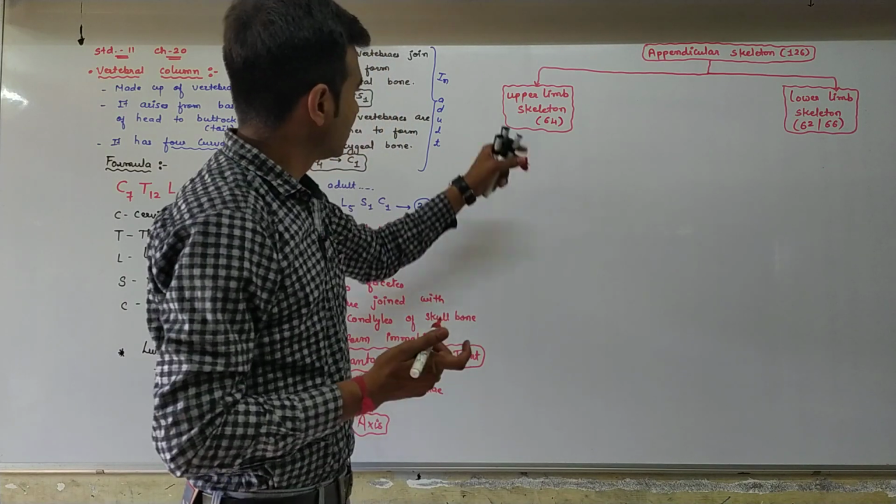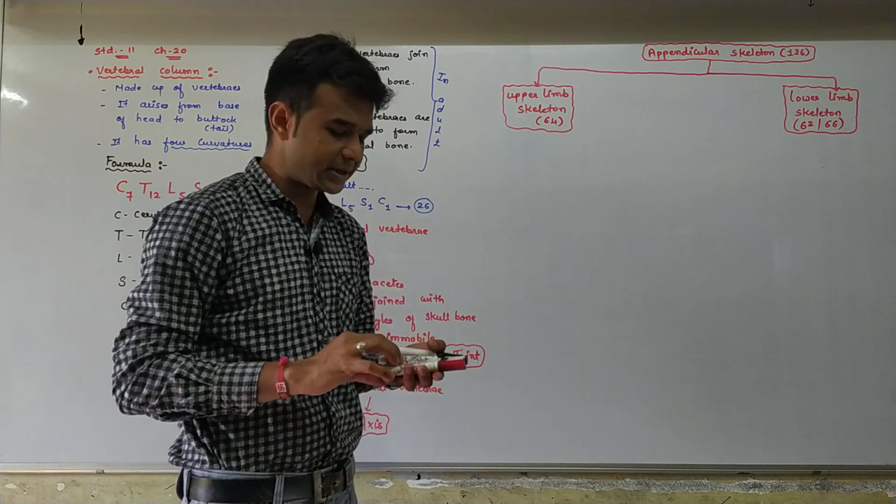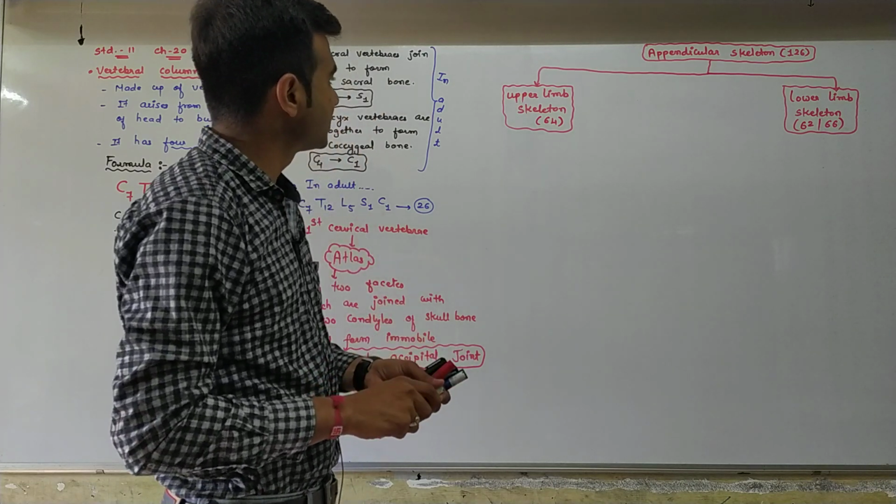Fine. Upper limb skeleton. Now one by one we will calculate the upper limb bones.